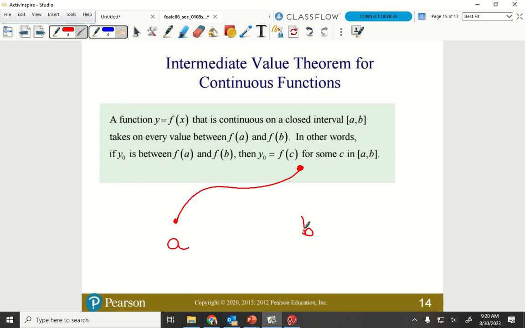Then anything I find in between here for any value between those must also be a value here.